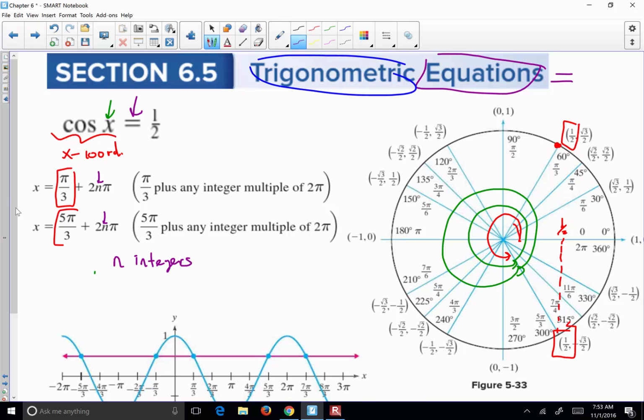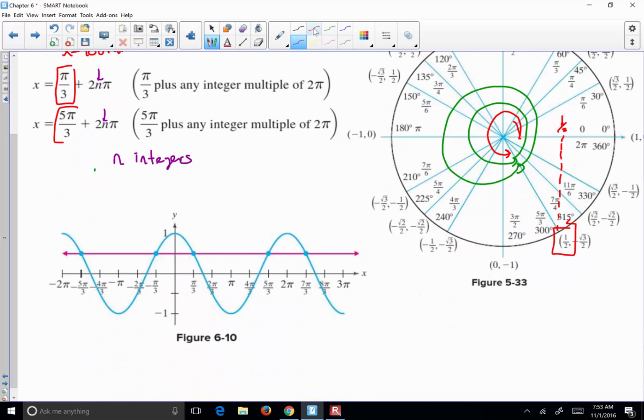Alright, here is another demonstration of why we have multiple solutions. This is the value 1 over 2. When I draw a horizontal line, look how many locations you're crossing the graph of cosine. On this picture only, on this wheel, you have 5 different values making the same cosine value: 7 pi over 3, pi over 3, 5 pi over 3, negative pi over 3, and minus 5 pi over 3.